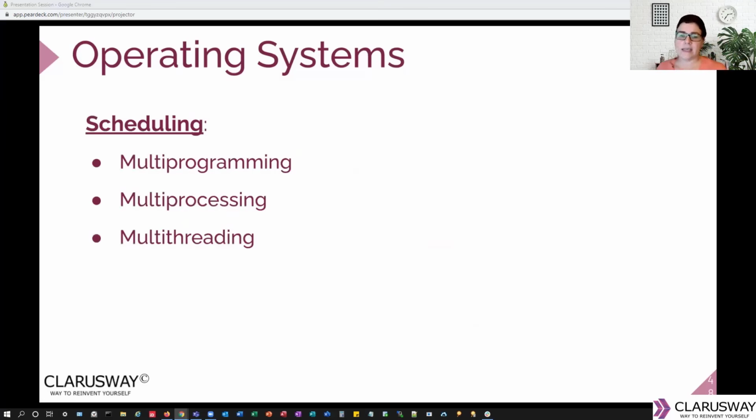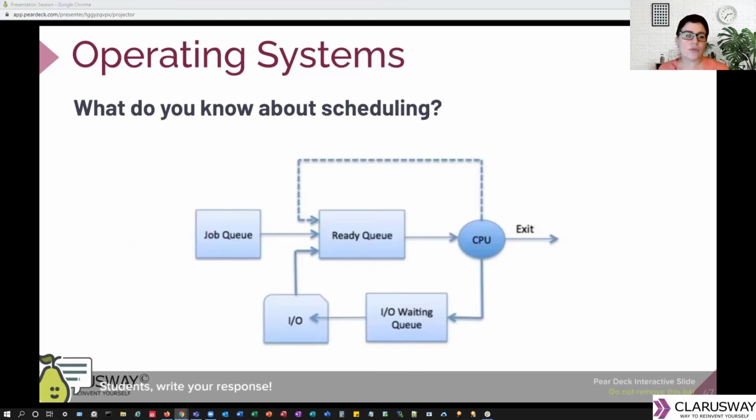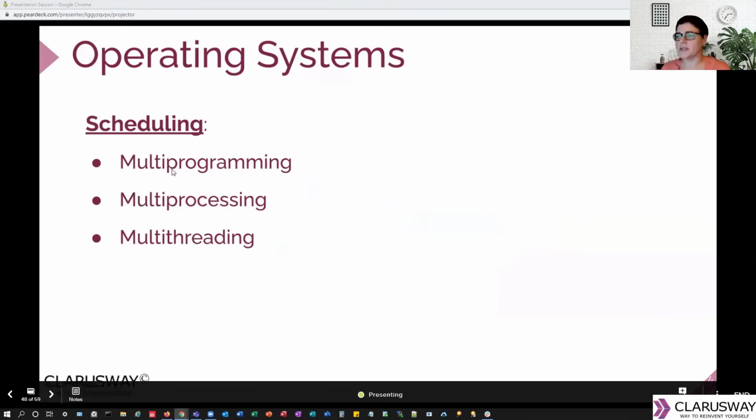So scheduling is an integral component and part of multi-programming functionality within the operating system.